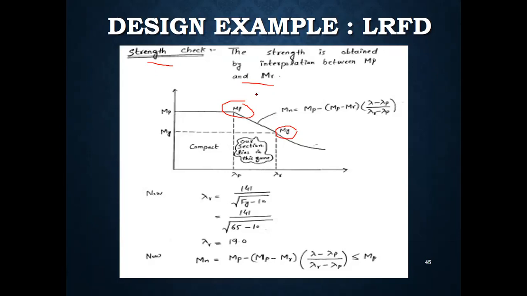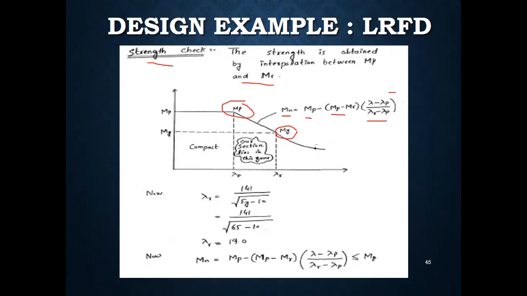The nominal moment becomes Mn equals Mp minus (Mp minus Mr) multiplied by (lambda minus lambda p) over (lambda r minus lambda p).